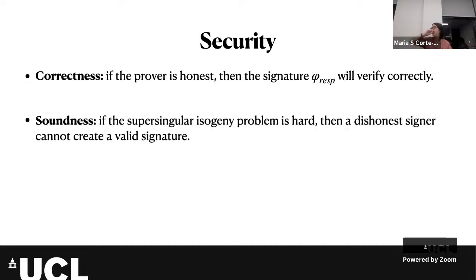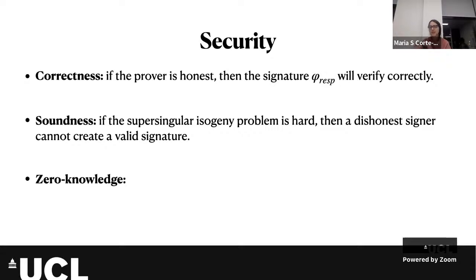And for SQIsign, we can show that if your signer does not know the secret key, then they will not be able to create a valid signature unless somehow they can solve the supersingular isogeny problem and extract the secret key in some way, right? So that's the only way that they could possibly break the soundness of this scheme. And because we assume this isogeny problem to be hard, we believe that the signature scheme satisfies this property.